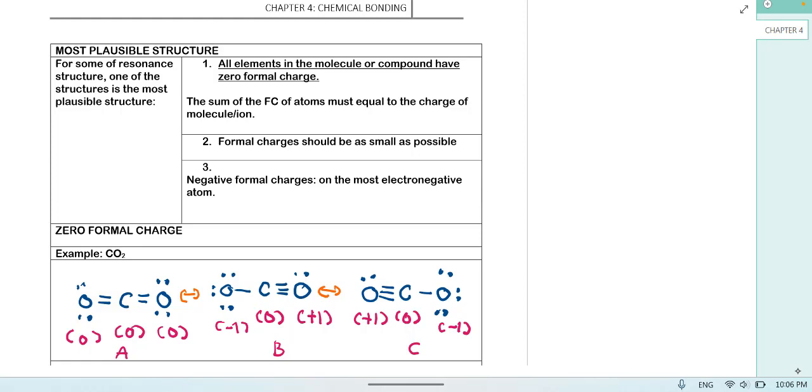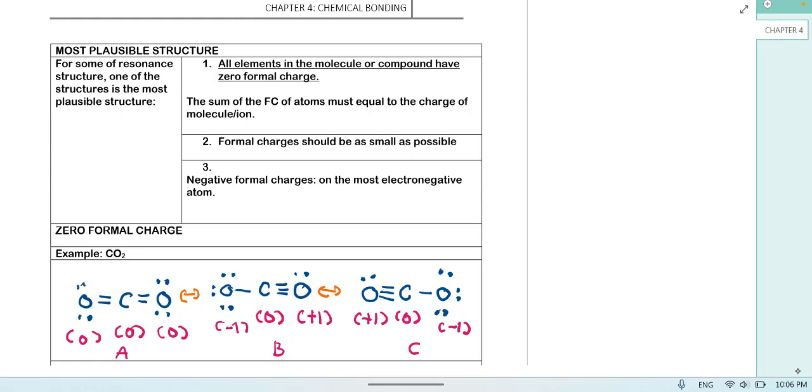And for structure C, central atom carbon has a triple bond with the oxygen on the left hand side, and a single bond with the oxygen on the right hand side. Okay, so in order to determine which structure is the most plausible, I need to calculate formal charges. I already calculated formal charges.